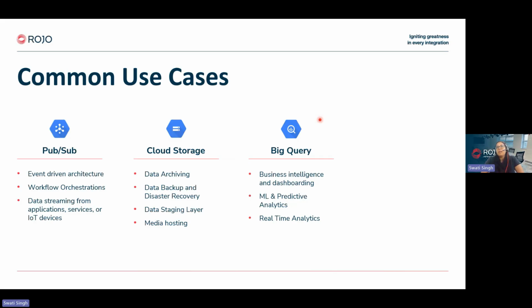So that's a few use cases of Google Cloud Storage. And then you have the BigQuery, which is the business intelligence side of this data. You can do machine learning, predictive analytics on it, real-time analytics on the data. So if you look at these three, they work very well together and are very much focused on the load and working with a lot of data with streaming or non-streaming situations.